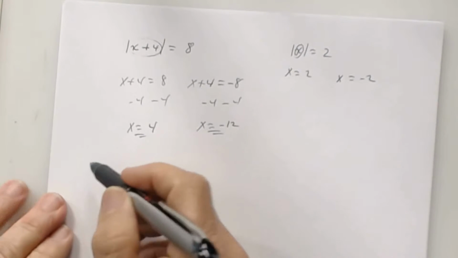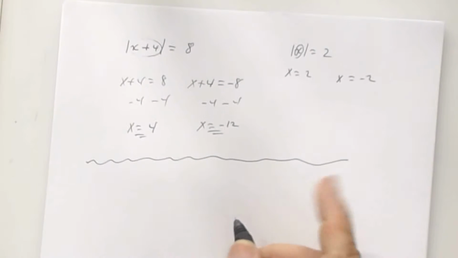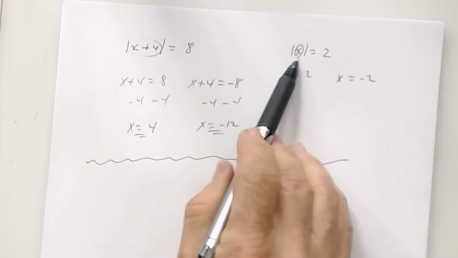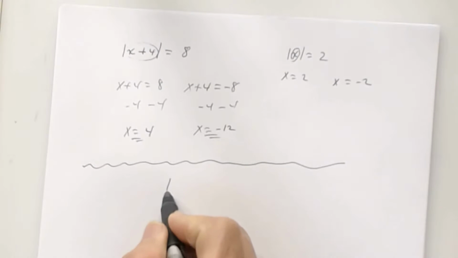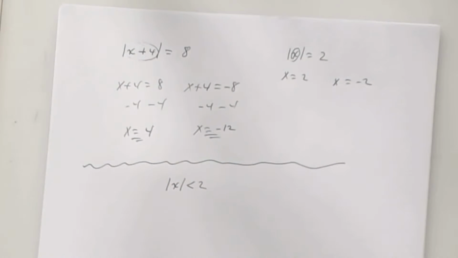Now, we're looking at this. What if I had, listen carefully, instead of this absolute value equation, an absolute value inequality?